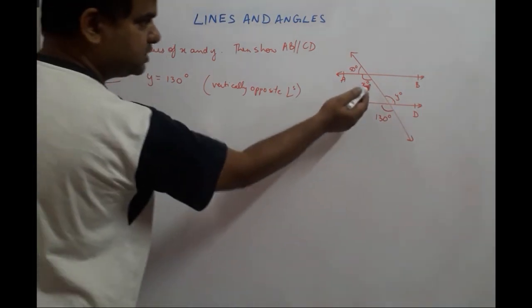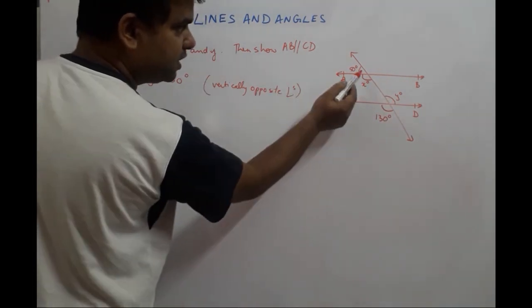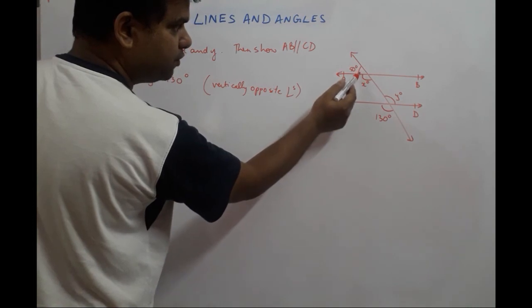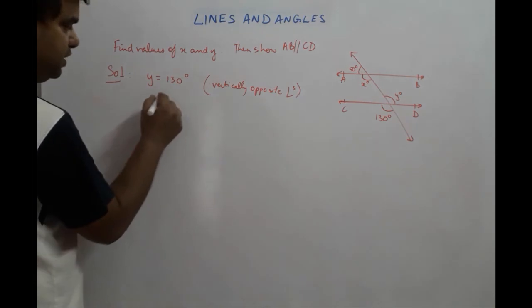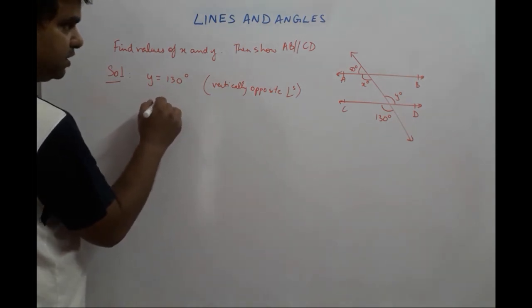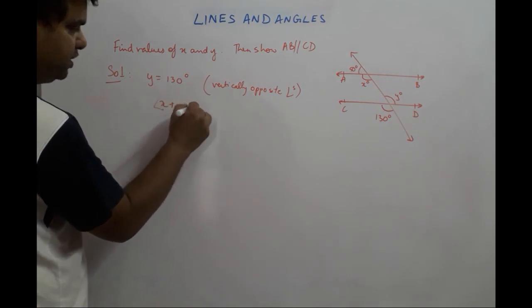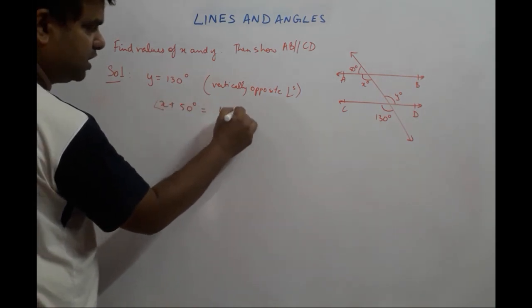What about x? We can get x because we know this angle. Because of the linear pair axiom, we can say that angle x plus 50 degrees is equal to 180 degrees.